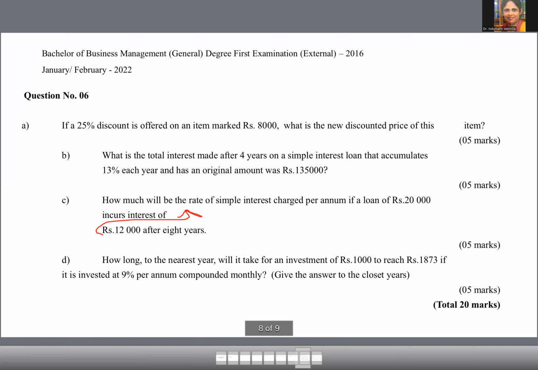So that means it's asking for the interest rate, the simple interest rate, right?